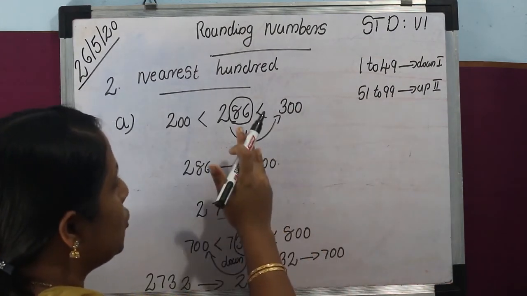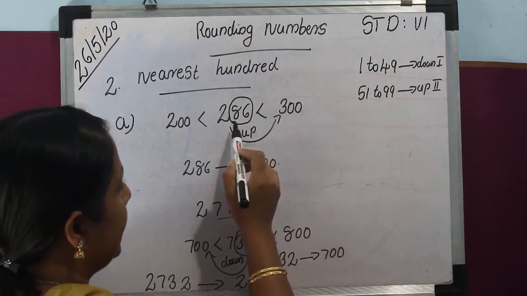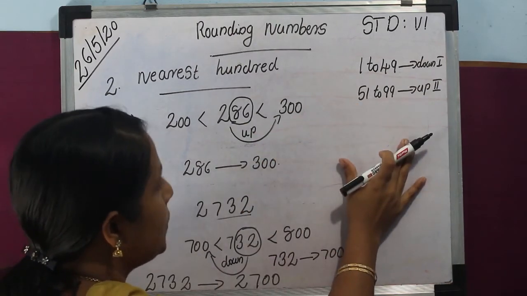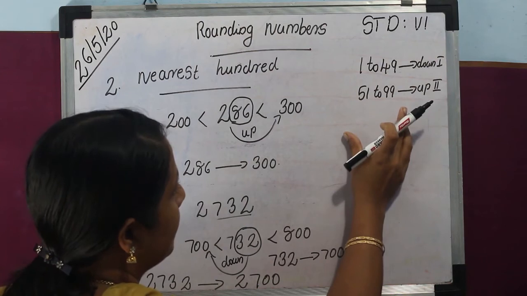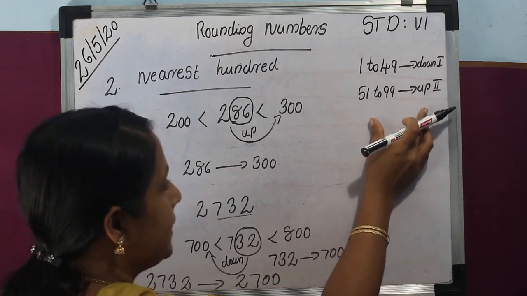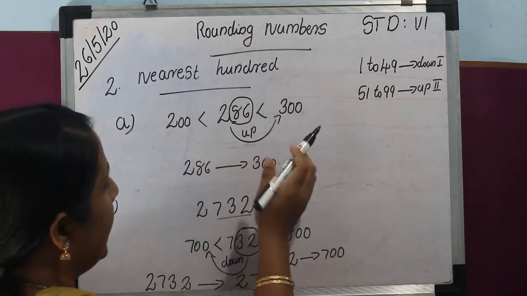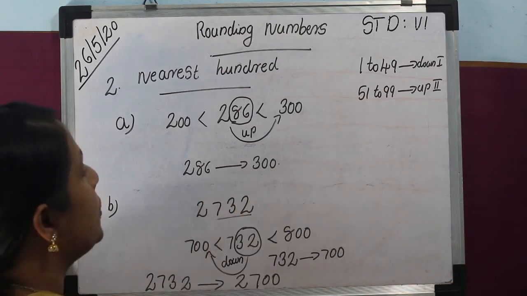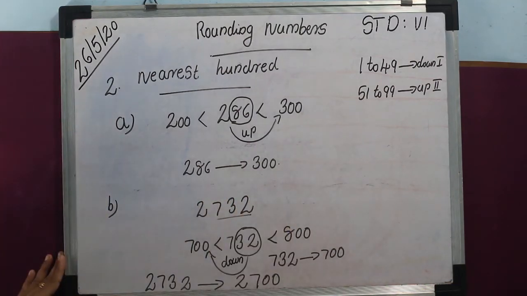Here our number is 286, so we take the last two digits, that is 86. Then 86 belongs to the second category, that is 51 to 99. So it is rounded up to the second number. Therefore 286 is rounded up to 300.